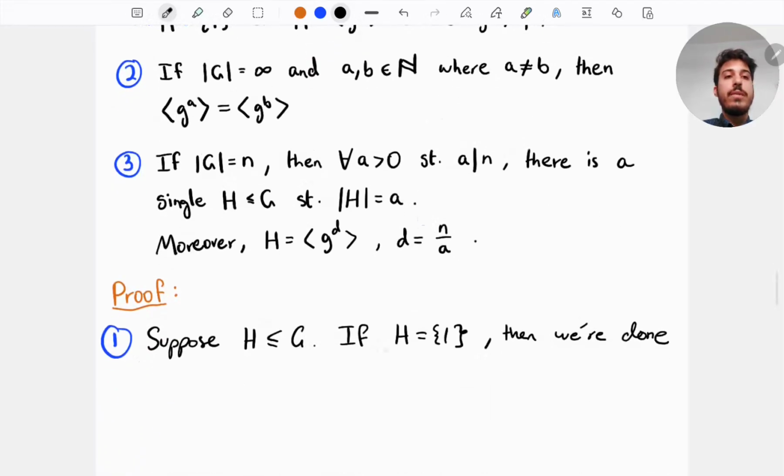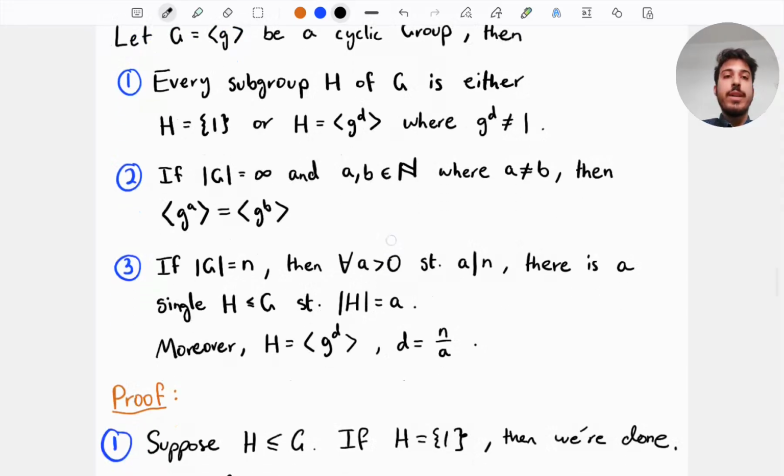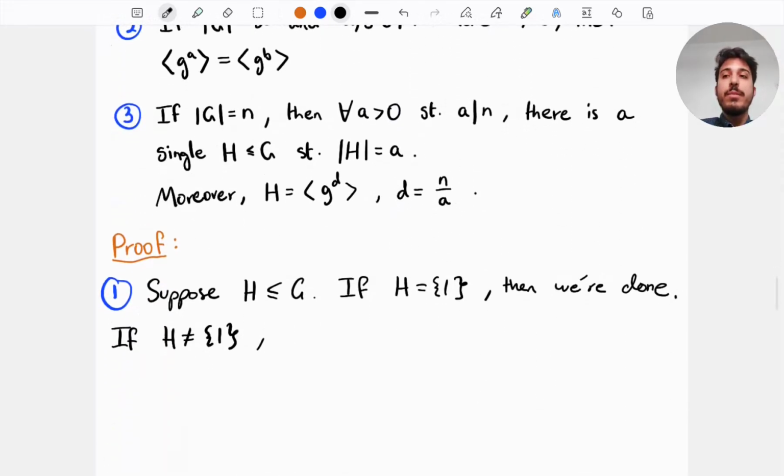So if H is this, we're done. If not, if H is not equal to the set containing the identity, we want to prove that H is equal to the group generated by g to the d, where g to the d is not equal to the identity. So to do that, we will perform a certain construction.